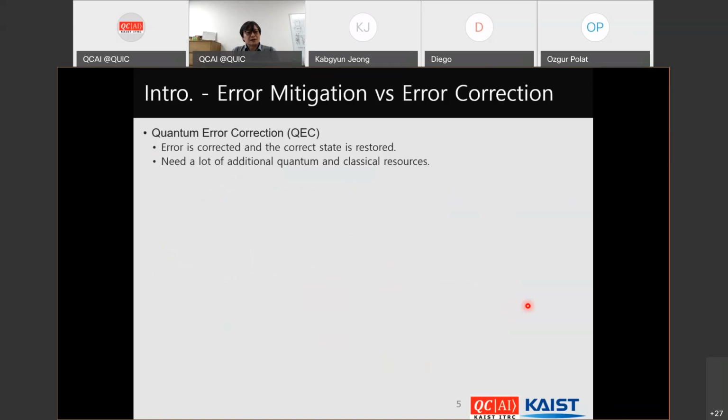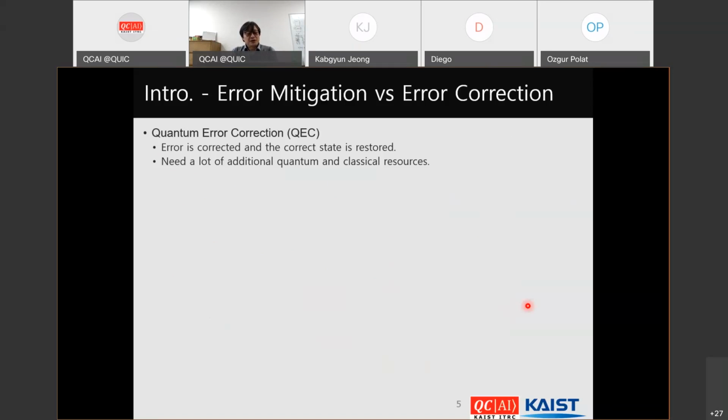Why do we discuss error mitigation? The error problems can be fixed with quantum error correction to provide error-free logical qubits. However, this is a very complex problem. Probably you will need several supercomputers to fix the error problem of one QPU.